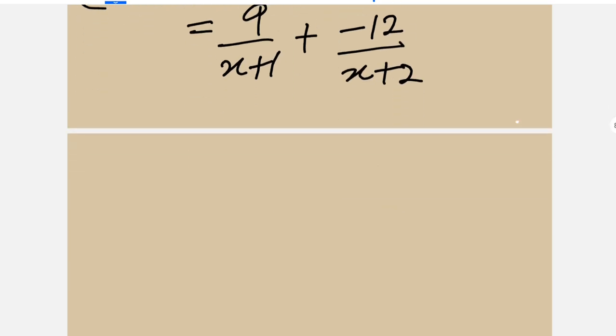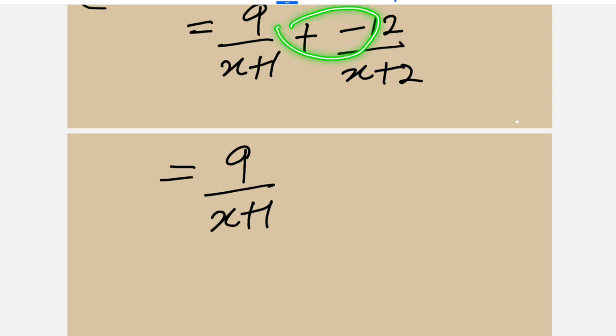Therefore we'll rewrite it again as 9 over x plus 1. By the time you multiply minus and plus together, it will surely give you minus, so we have minus 12 over x plus 2.